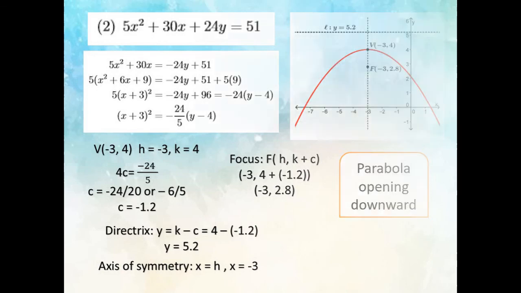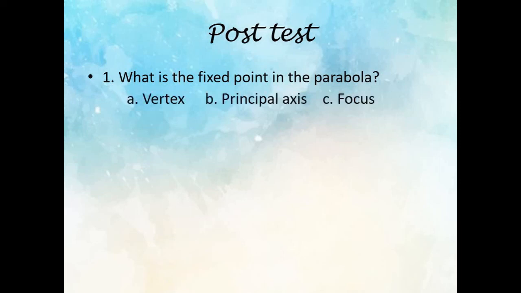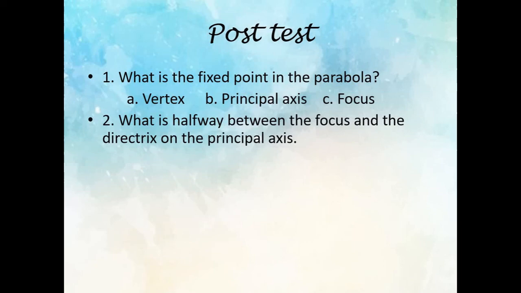Let's now have the post test. Number 1. What is the fixed point in the parabola? A. Vertex, B. Principal axis, or C. Focus? Number 2. What is halfway between the focus and the directrix on the principal axis?